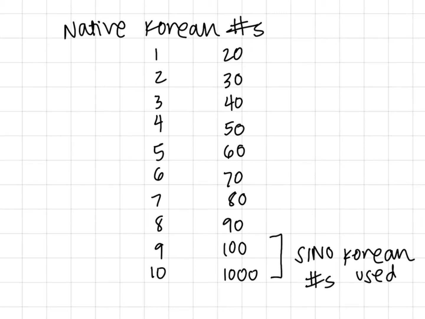And then now by tens, they go 스물, 서른, 마흔, 쉰, 예순, 일흔, 여든, 아흔, and then 100 and 1,000. Since they are bigger numbers, we still use Sino-Korean numbers. So it would be 백 and 천.